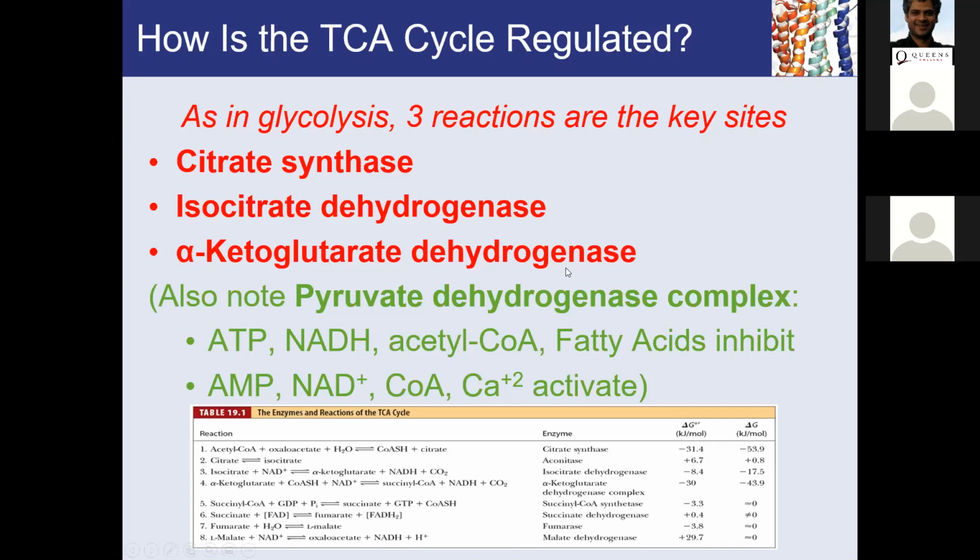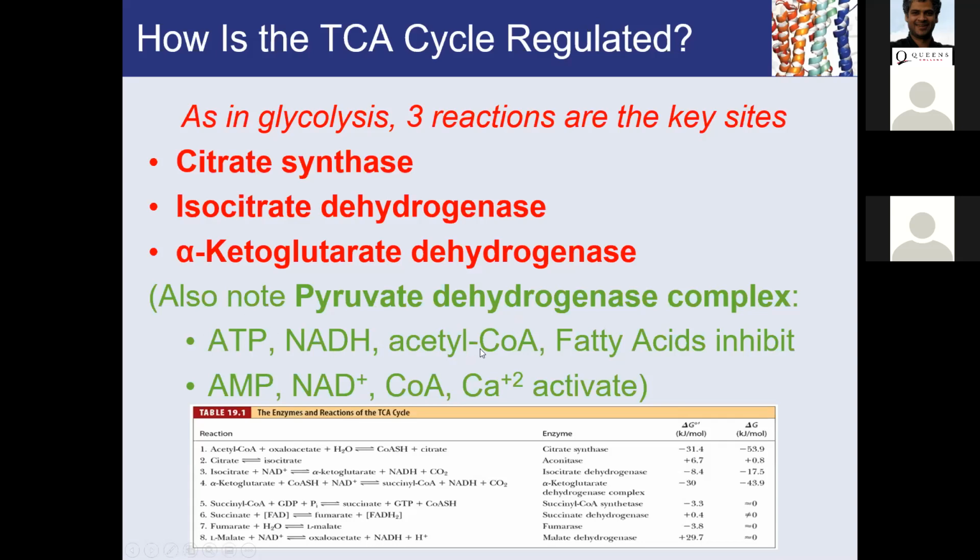And we just talked about the regulation of pyruvate dehydrogenase complex. I color coded it this morning to distinguish that this is technically not part of the citric acid cycle, but pyruvate dehydrogenase complex also is regulated allosterically.